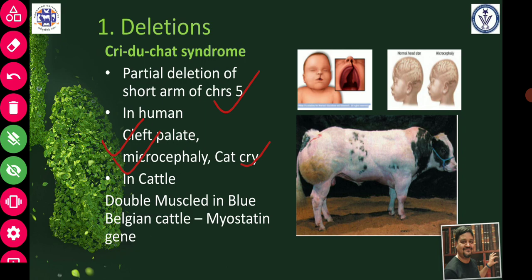The child will cry like a cat, and these are the symptoms we can observe in cri-du-chat syndrome. In cattle, it leads to double muscling in Belgian Blue cattle, and it is caused by a defect in the myostatin gene or deletion of the myostatin gene. So these are examples of deletions.